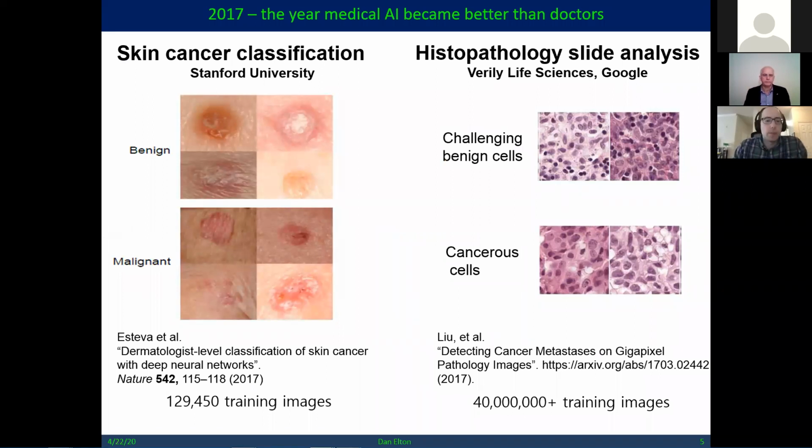So this slide is showing what can be achieved when you apply deep learning to medical images.